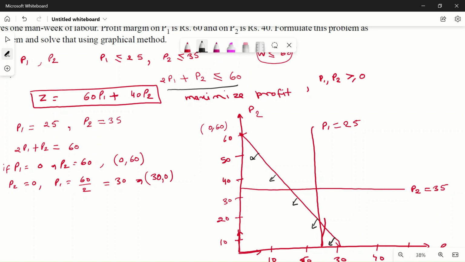p1 is less than or equal to 25, so the left side. p2 is less than or equal to 35 means the downward side, and p1 and p2 greater than or equal to 0 means the first quadrant. So we can say that this area is common.